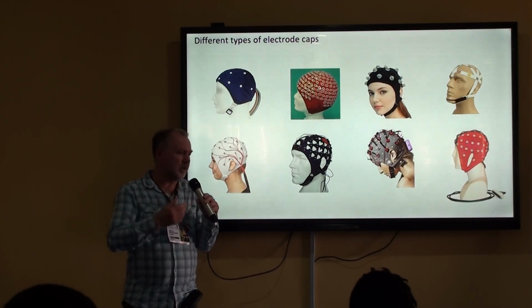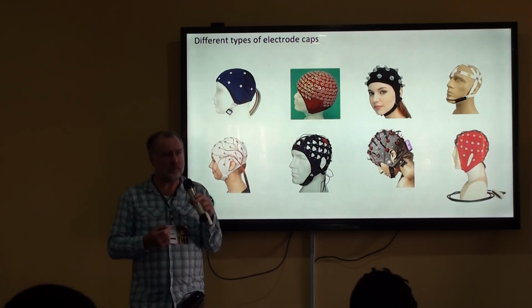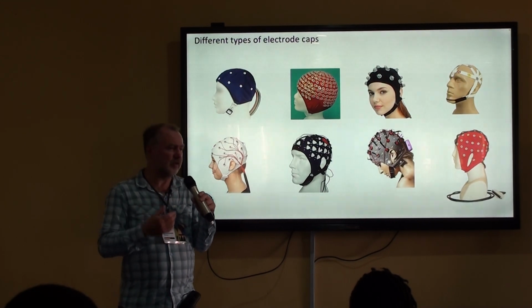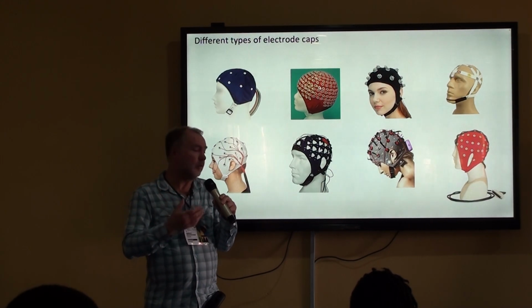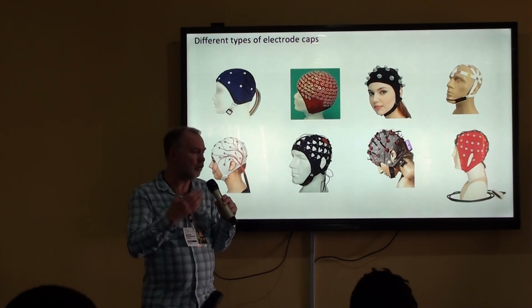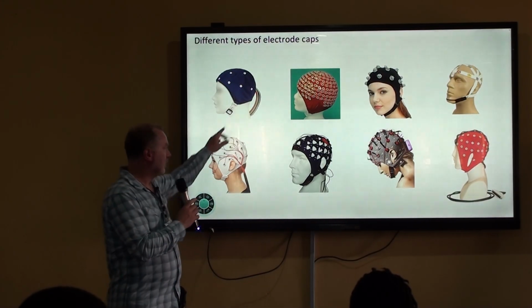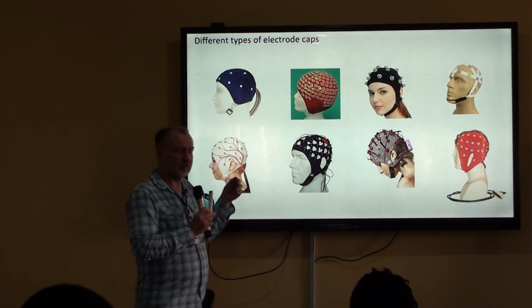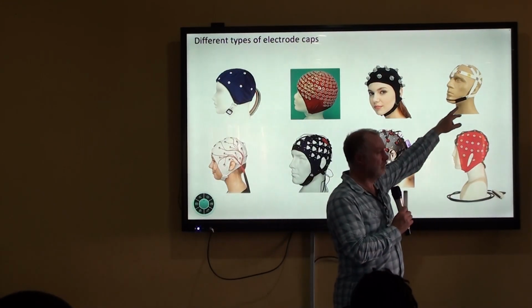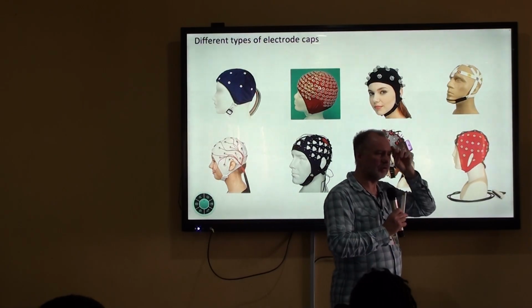So with research into mindfulness, if you really want to know where in the brain certain correlates of mindfulness are, I would say it is important to use the same research quality caps, which are more like the ones that you see here. But that doesn't mean that you cannot use a system like this, which has only a few pre-configured electrodes.